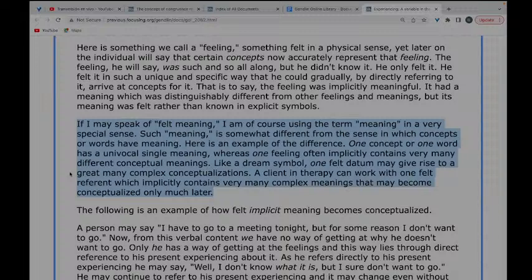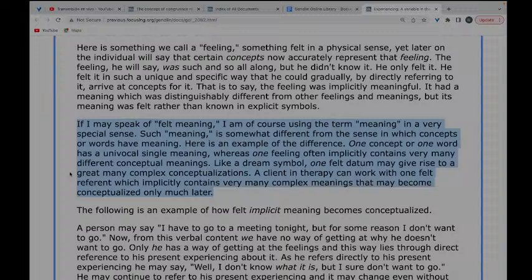Now that's confusing, though, given what he said in the last paragraph, right? That a feeling is implicitly meaningful, which is to say that you may not know how to describe it, you may not have words for it, but it's distinguishably different from other feelings and meanings. And now here he's saying that one feeling can implicitly contain very many different conceptual meanings.